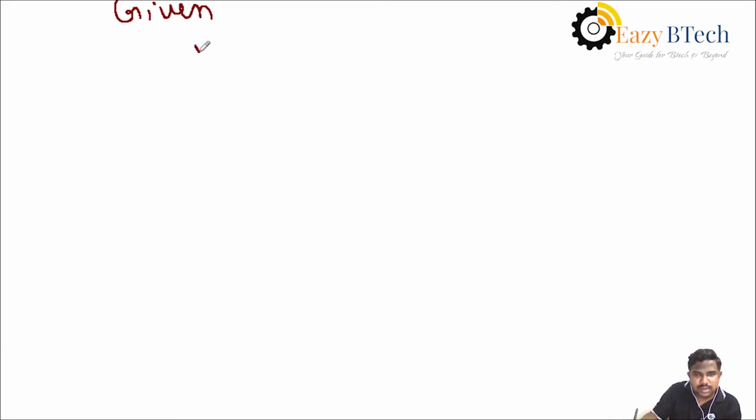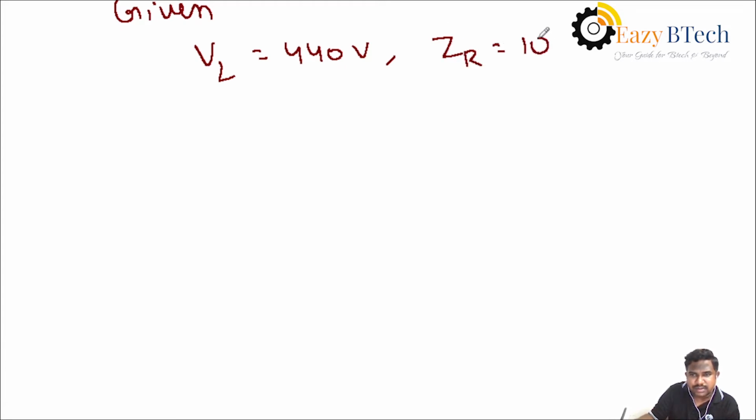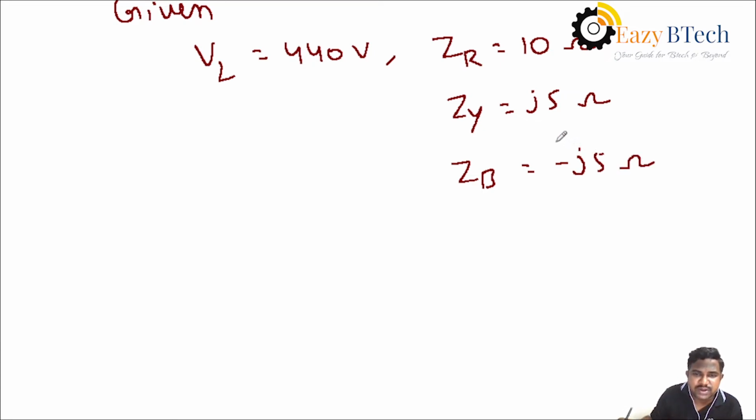The symmetrical supply line voltage is 440 volts, the impedance of R phase is 10 ohms, the impedance of Y phase is j5 ohms, and the impedance of B phase is minus j5 ohms. These are the values given.